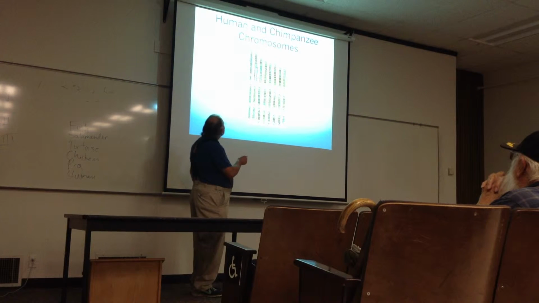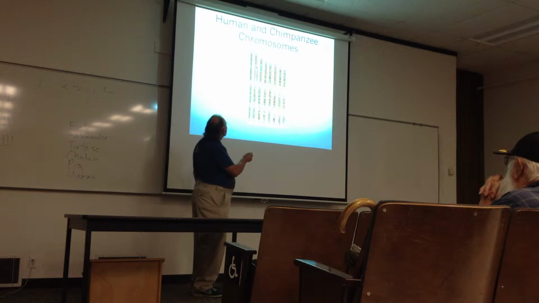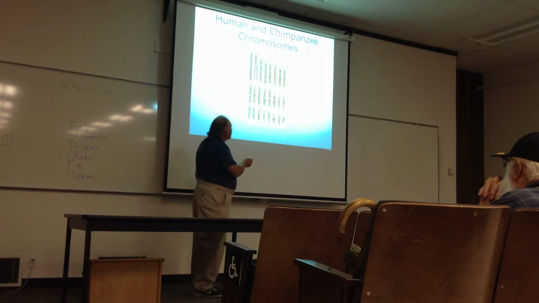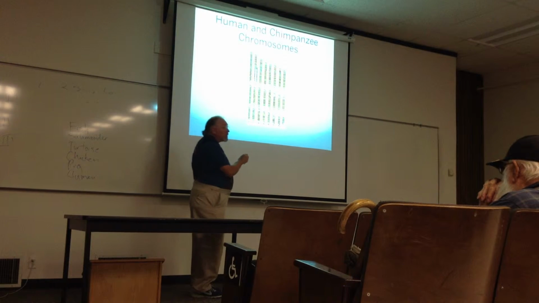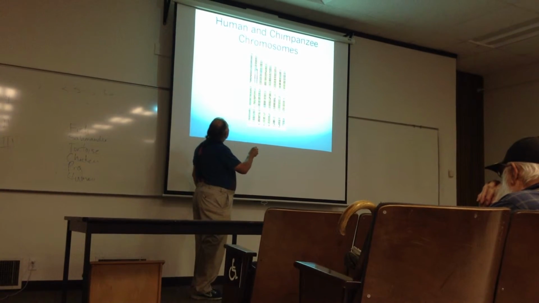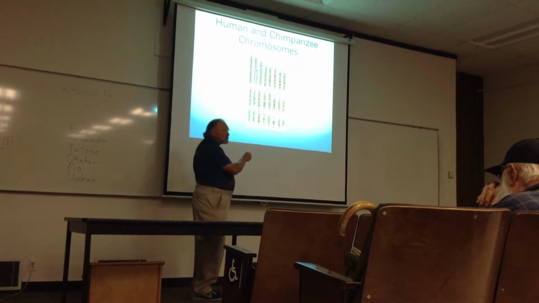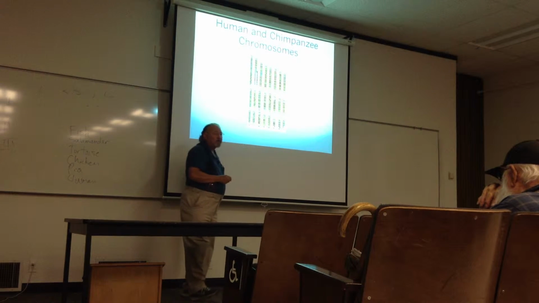On the left, for instance, chromosome 1, human, chimpanzee. Chromosome 2, here's the human. But here we have 2 different chromosomes. And as you might be able to see, I hope that you're able to see, there is a great deal of similarity between the short arm of our chromosome 2 and chromosome 2A of chimpanzees, and the long arm of chromosome 2 with chromosome 2B of chimpanzees.